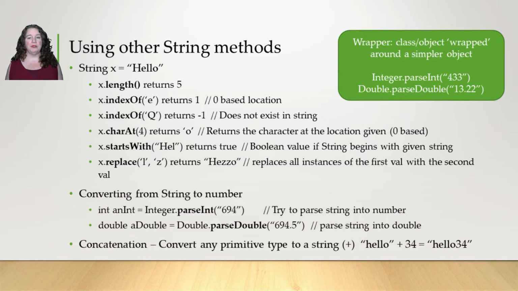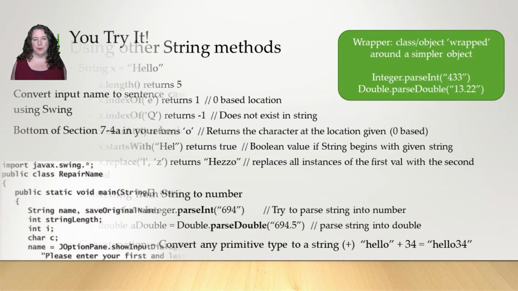This works only with primitive types. With object types, usually you will have a toString method on it. And when you build your classes, you're going to do the same thing. You're going to be building toString methods so that you can do the same kind of thing. I can have an employee.toString, and this is what will come back every time I try to print the employee or try to use it as a string.